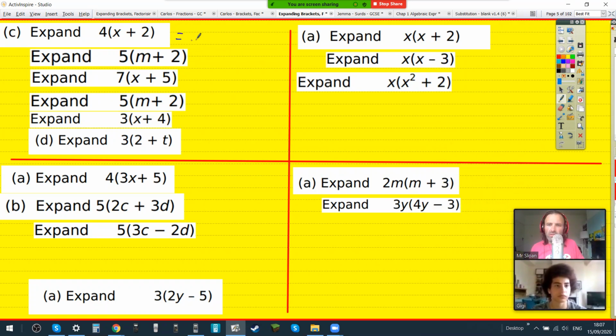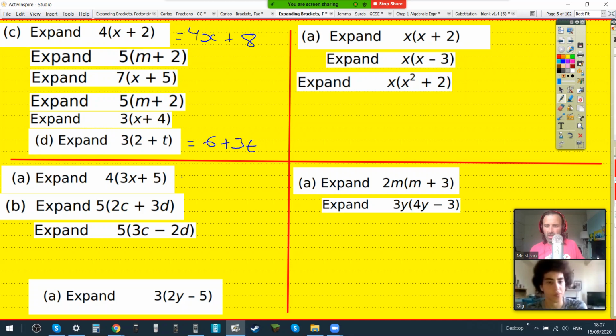Okay, so what's this first one? 4x plus 8. What's the very bottom one down there? 6 plus 3t.